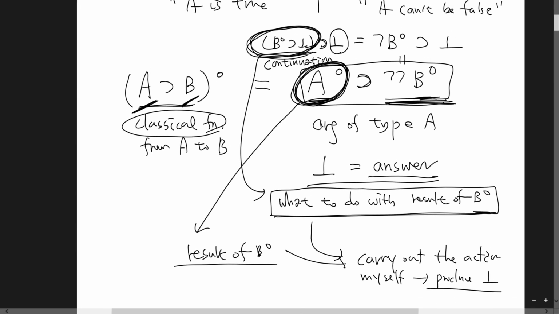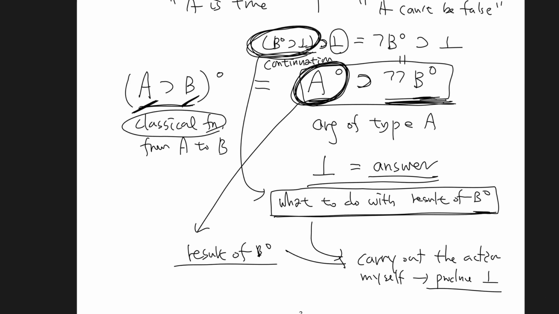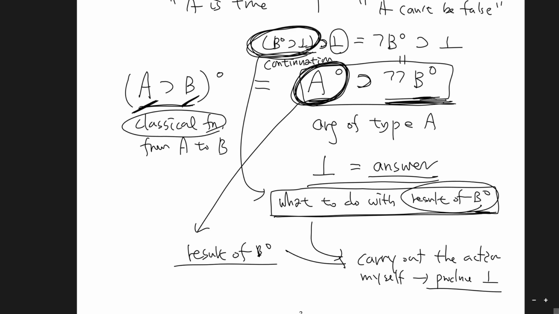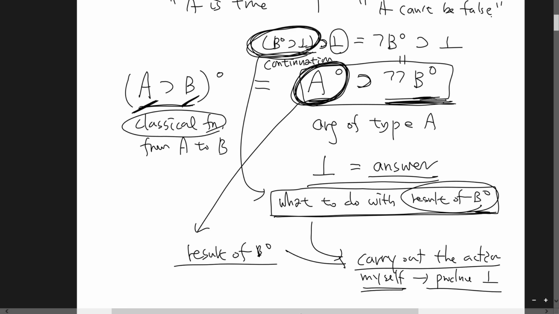So the computation process is indirect, in the sense that instead of returning the result of B circle to the caller, I take the action myself. So first, provide me with the argument, and then I compute the result myself.